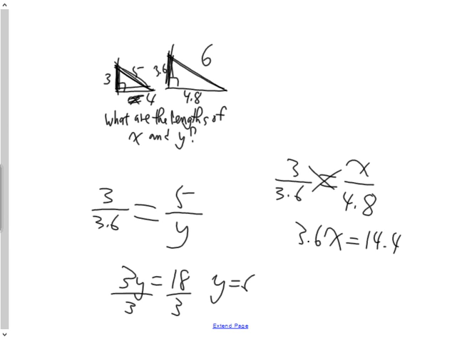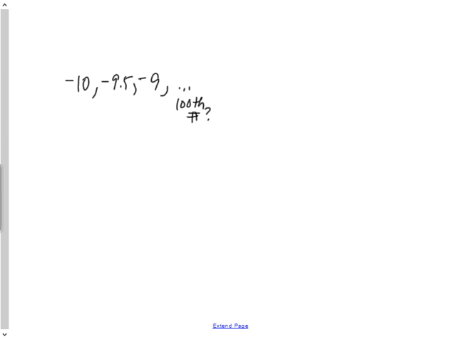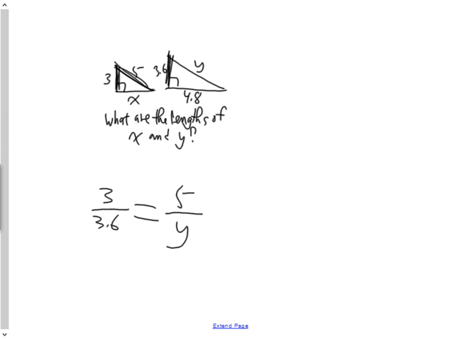Now, alternatively, you could have said, you know what, I'm going to do this a whole different way. You could have said, this was my diagram. So then I could have said, diagram divided by actual equals scale factor.